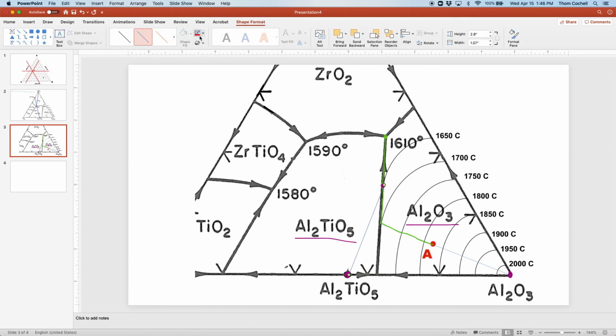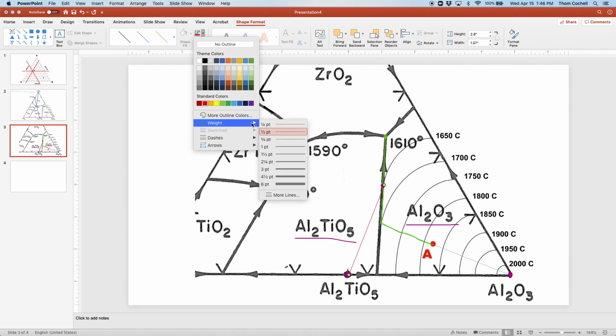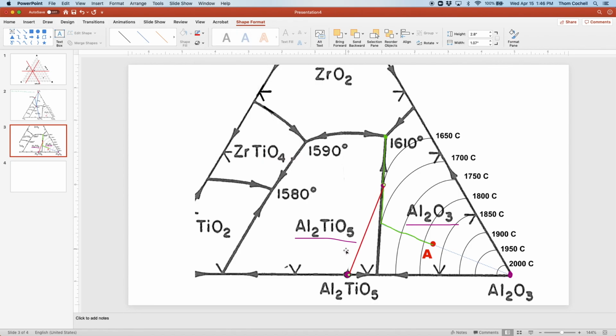I draw a quick triangle from those 2 points, and then from here, and fill in the last one. Now I have the 3 compositions of the phases I'm interested in.